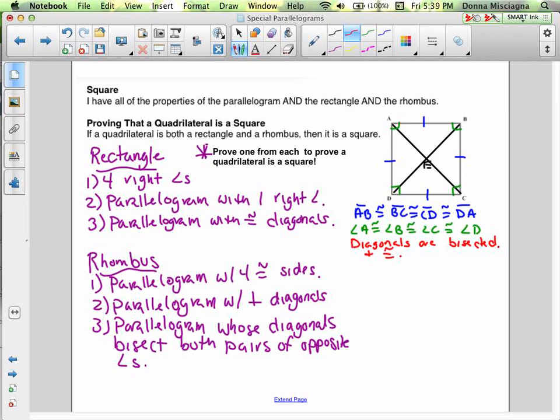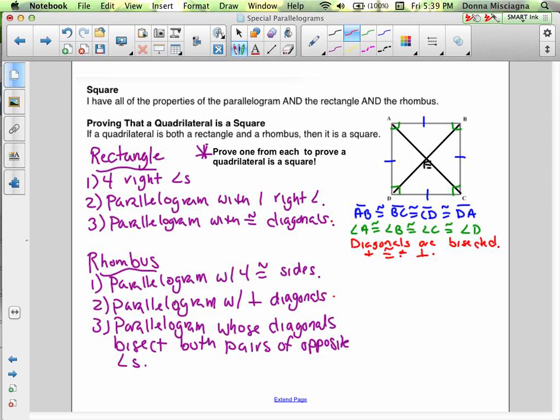So if you're proving that a quadrilateral is a square, that kind of goes nicely together. Prove the diagonals congruent and perpendicular. So diagonals are bisected, and they are congruent and perpendicular. All those things are true about the diagonals of a square.